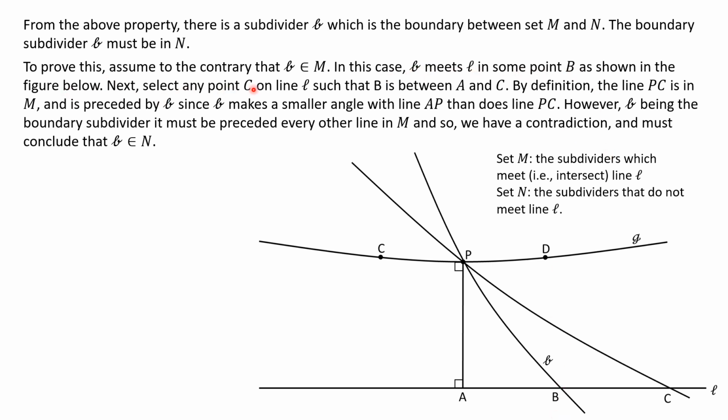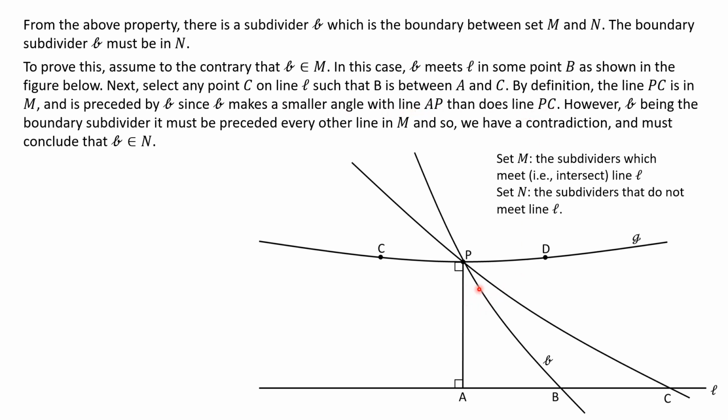Next, select point C on line L, such that B is between A and C. So that's the case here as we've drawn it. By definition, the line PC is in M, right? It intersects the line L here and it goes through point P. And it is preceded by B, since line B makes a smaller angle with AP than PC does.